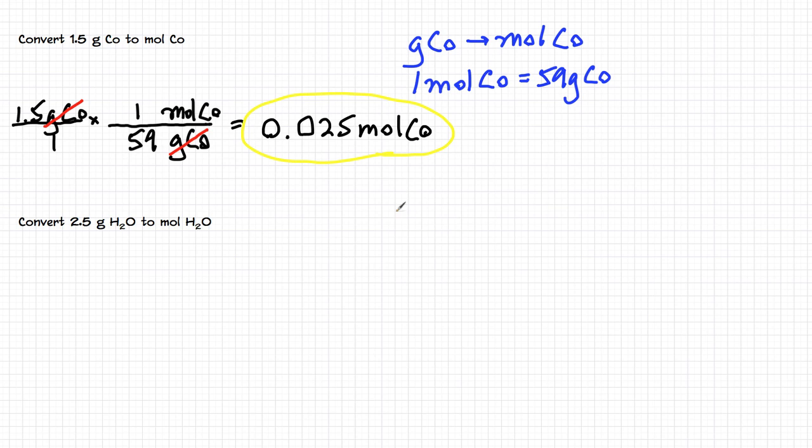Okay, for our second problem, we're going from grams of water to moles of water. And for every 1 mole of water, we're going to get a total of 18 grams of water.